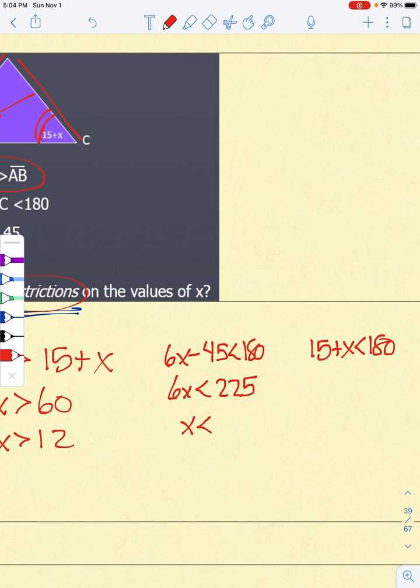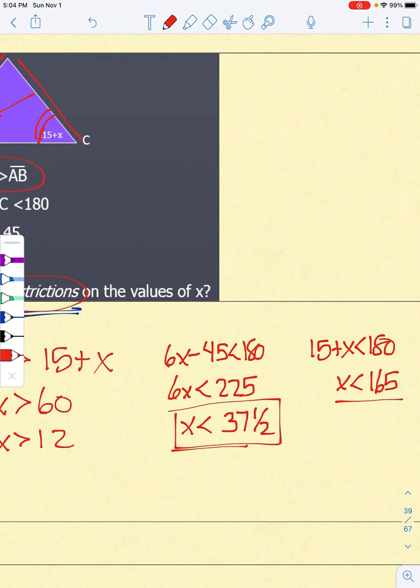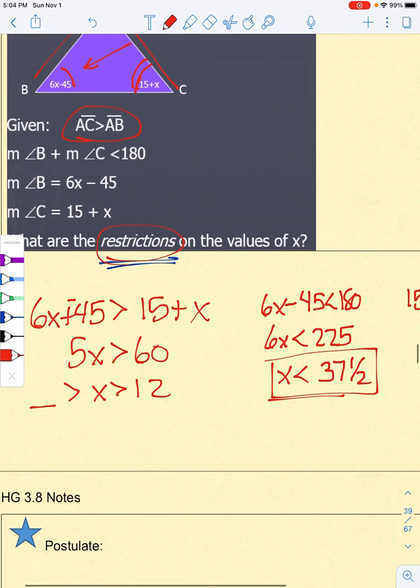Dividing, we get x is less than 22 and a half. And the other one, x is less than 165. So again, these are the two upper restrictions, and again I'm going to take the smaller of the two restrictions. x is less than 22 and a half.